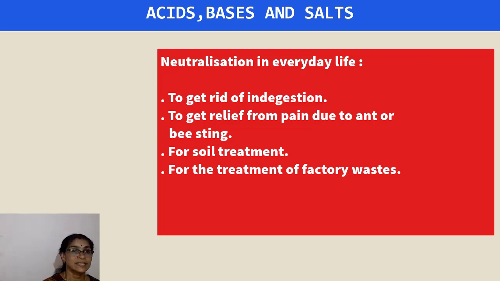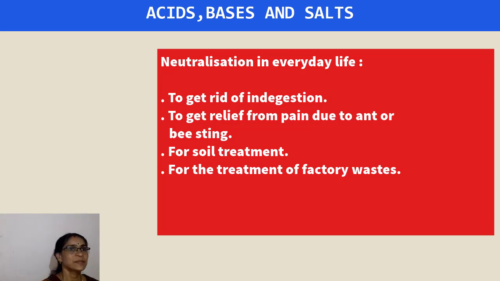So these are the main uses of neutralization: for indigestion, for relieving the pain of ant bites, for soil treatment, and also for treating factory waste. Children, today we learned about the neutralization reaction. Now, how can we define neutralization?